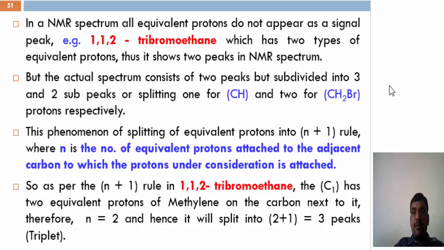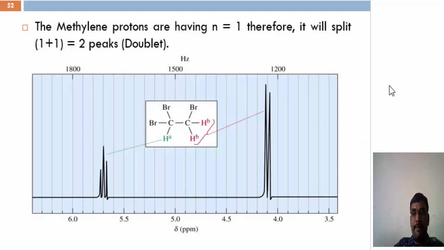In the NMR spectrum, all equivalent protons do not appear as a single peak. Example 1,1,2-tribromoethane has two types of equivalent protons, thus it shows two peaks in the NMR spectrum. Here are vicinal protons.